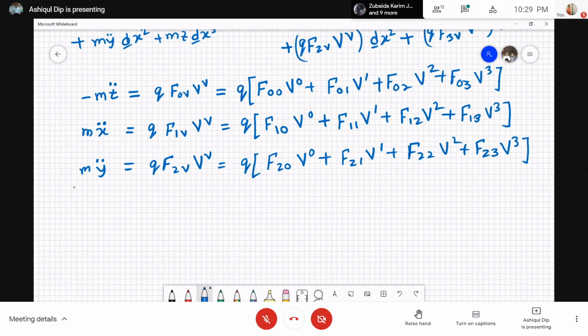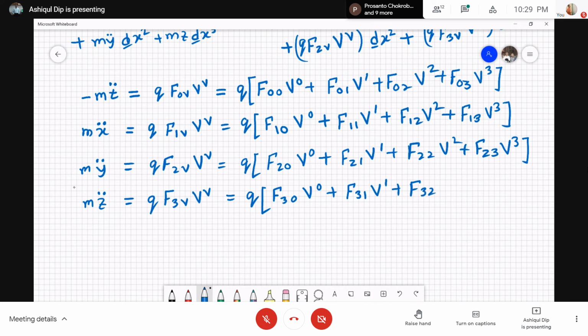Then m z double dot equals q f3 nu v nu, which is f30 v0 plus f31 v1 plus f32 v2 plus f33 v3.